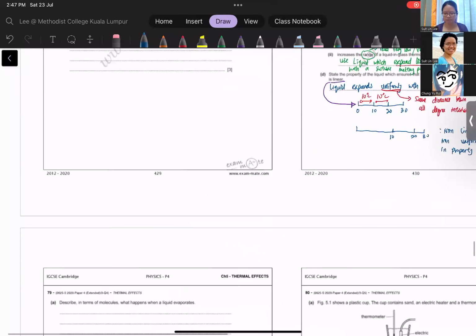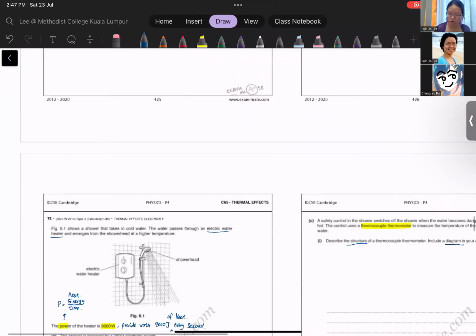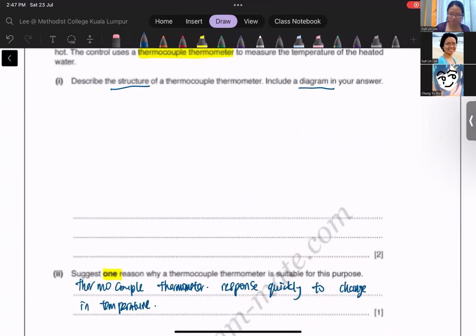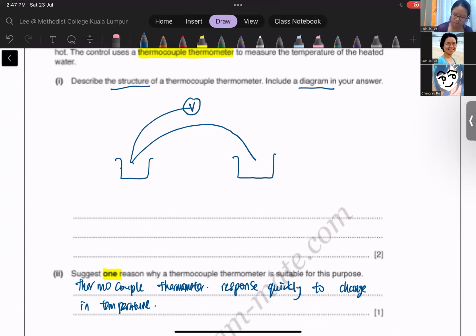This is another thermometer, all right? Thermometer that can help you turn off when the temperature is too hot. So we have 2 different temperatures to be measured, and we have 2 different metals. So you're gonna have a voltmeter, maybe something like this.